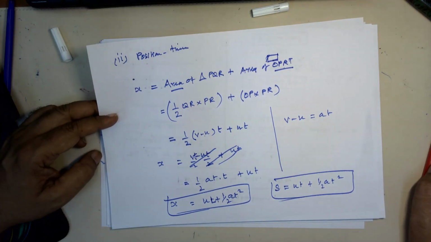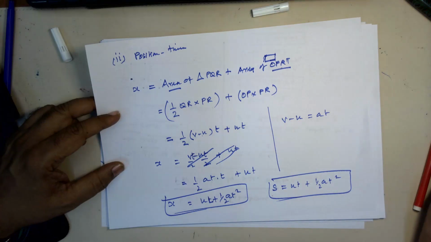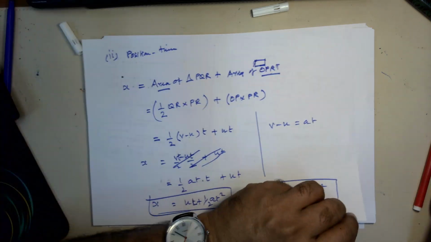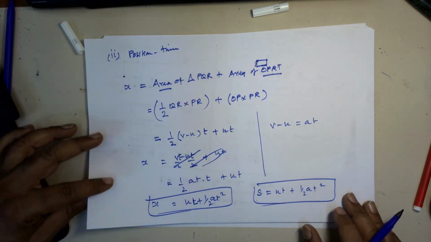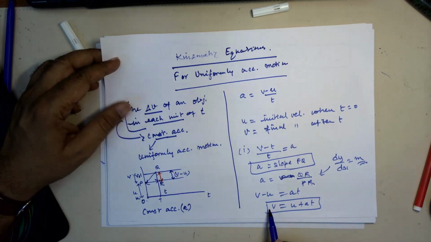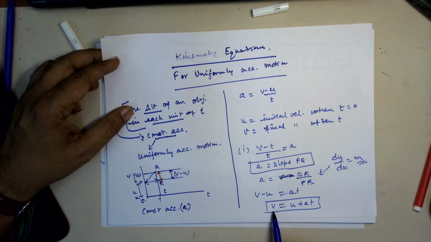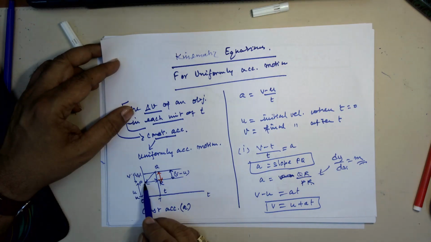So what is this relation? Position time relation. Now, can you just go back to that figure once? In the figure, the point P is the initial velocity, right?